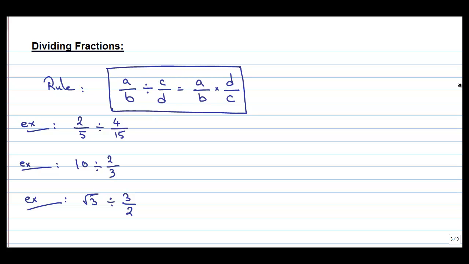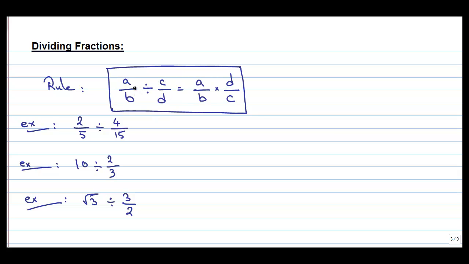How to divide fractions. You see, division and multiplication are usually the same thing, just with a very, very small difference. I want you to learn this rule and remember it, have it straight in your head. Memorize it if you can. It's a very simple and very useful rule, actually.